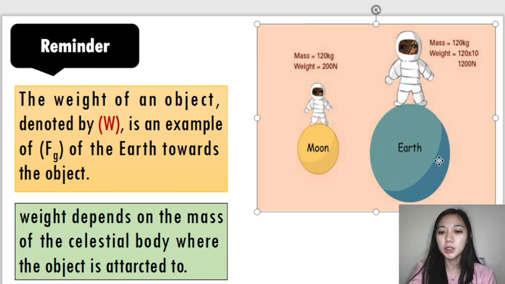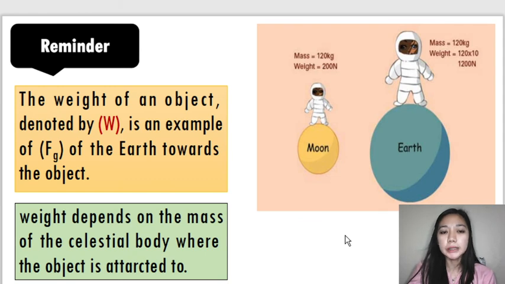Because the gravitational pull of the Earth and the gravitational pull ng Moon sa iyo ay magkaiba. Kapag sa Earth kasi, mas malaki yung Earth. That is why mas malakas yung hila ng gravity sa iyo. Unlike kapag nasa Moon ka, mas maliit itong celestial body na to, kaya yung pull ng gravity ay mas mahina. Okay?